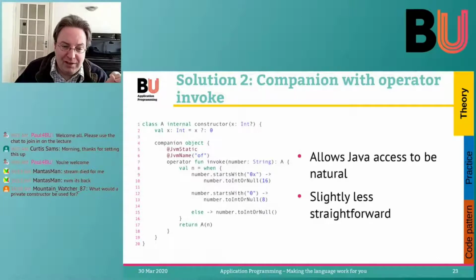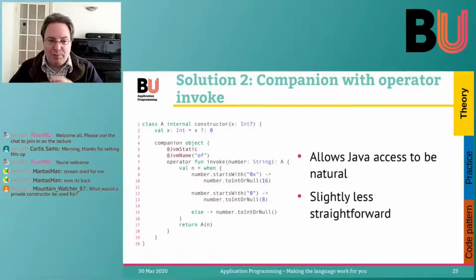So in Kotlin it thinks that this function is called invoke and it's an operator. And we want it to be an operator invoke because then we can just create it as if it is just a constructor. It looks like it's a constructor from the using code, not in the compiled code, but in our source code.